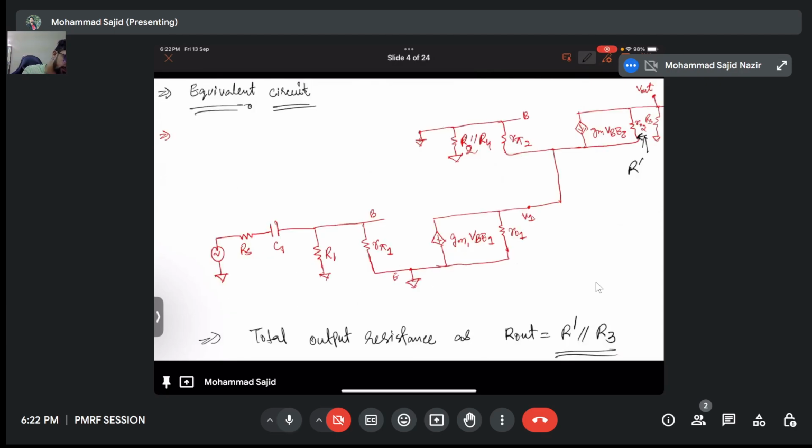Let's say we have connected a test source with potential Vx and current Ix, and this is a potential V1 here, this node.